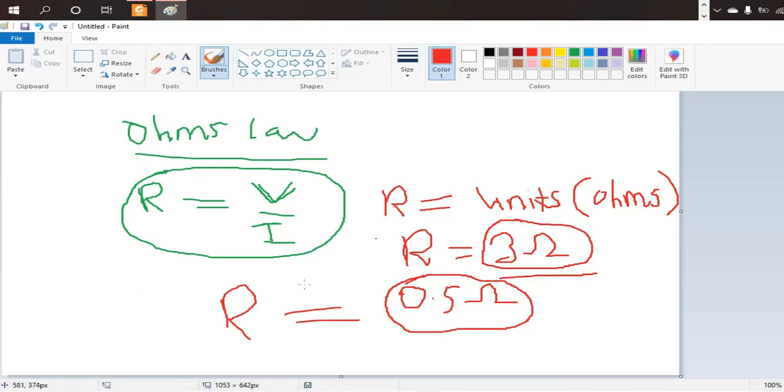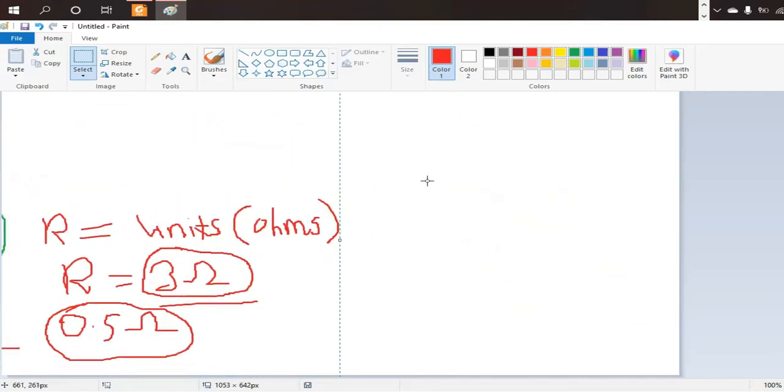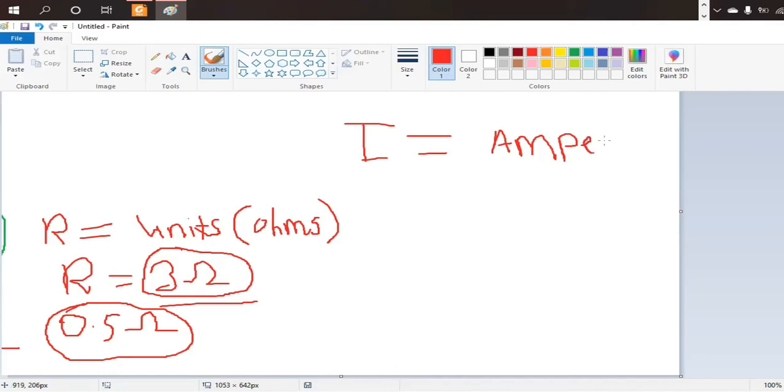And then I also mentioned that the units for current, which is I, are the amps, or the amperes.